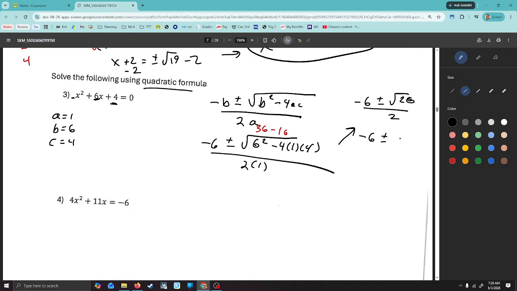Negative 6 plus or minus 2 root 5, over 2. And in this case, all these things are divisible by 2, so I'm allowed to simplify. So the final answer: negative 3 plus or minus the square root of 5. If it was a multiple choice question, this is how the answer would look.